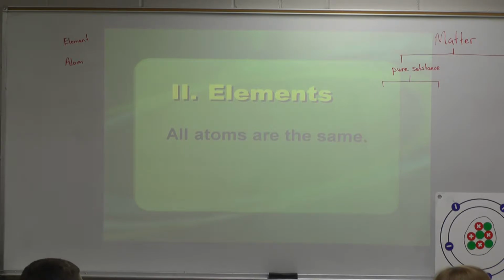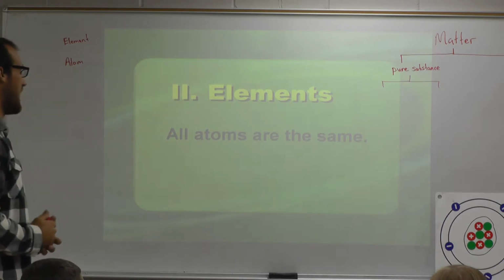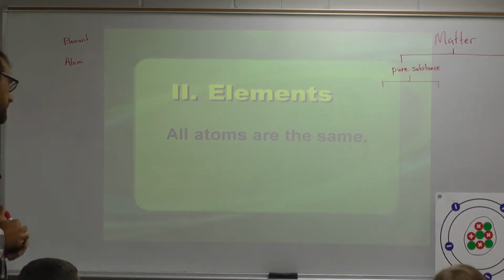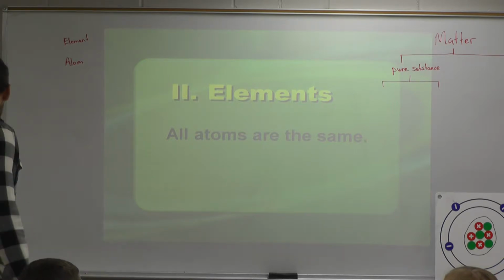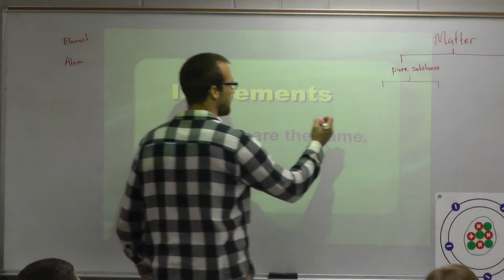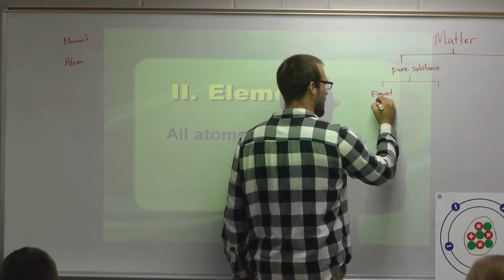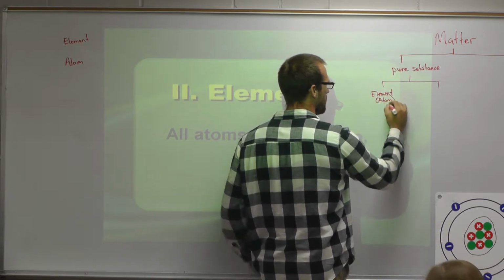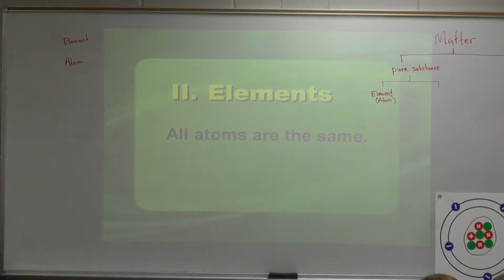It's got an atom that makes up that particular element. It's kind of difficult because a lot of times even I will probably use element and atom interchangeably, which is fine. They're so closely related that it really doesn't make a big difference. But a type of pure substance would be an element. And if you want to put atom underneath it in parentheses, they're so closely related, I'm fine with that.